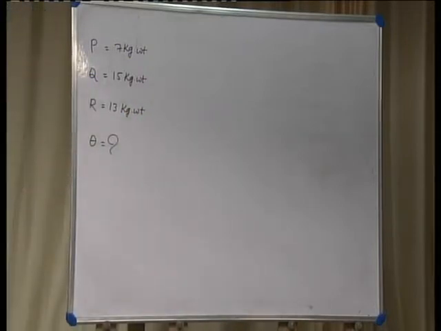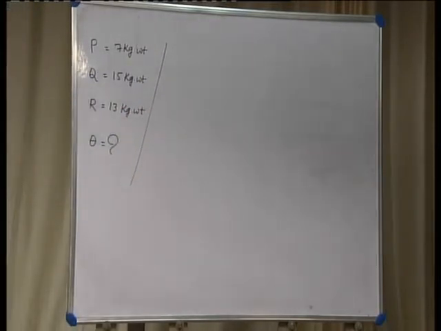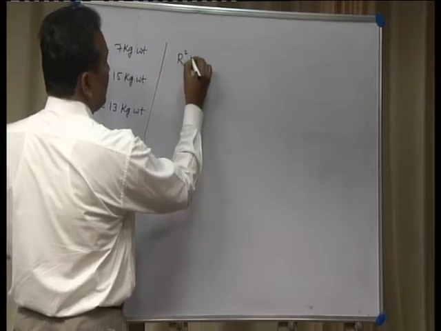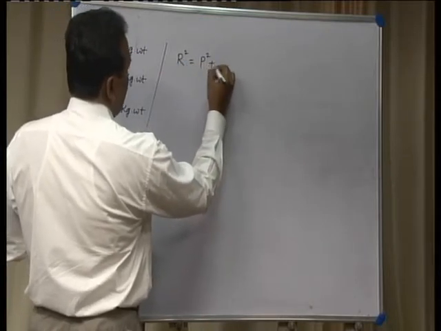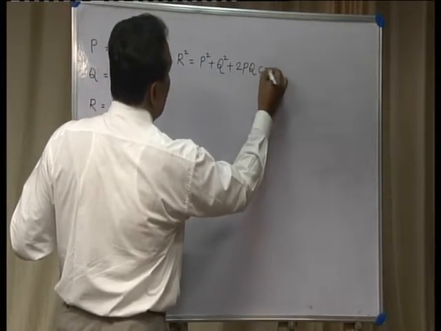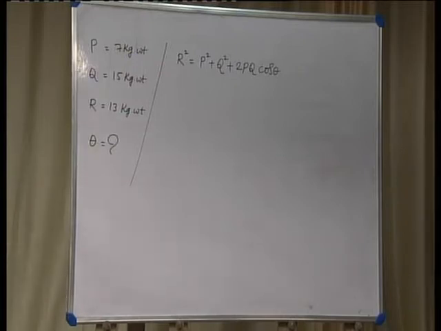If the 3 forces are given, you can recall the magnitude of the resultant when 2 forces act on a body simultaneously whose angle of inclination is theta, that is R square is equal to P square plus Q square plus 2 PQ cos theta, the equation used to calculate the resultant of the 2 forces which are inclined at an angle of theta.